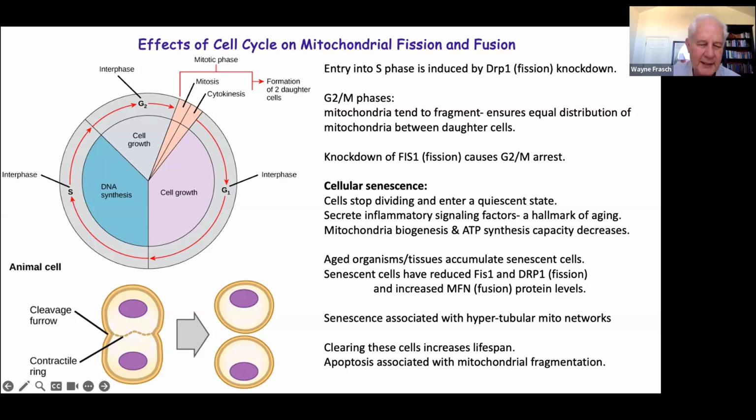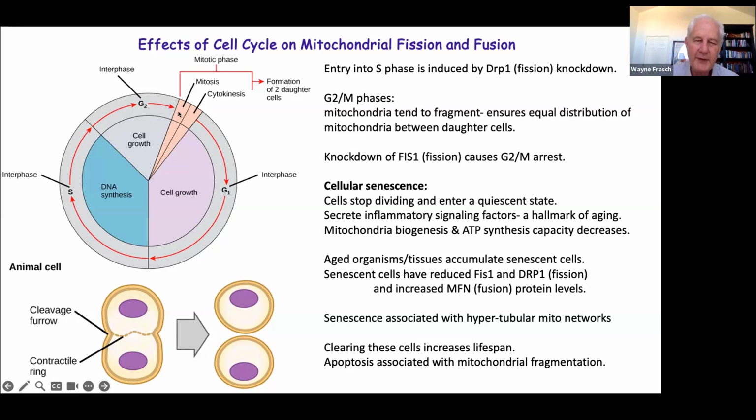And so a cell will ultimately end up dividing and forming two daughter cells. And in so doing, it goes through these various stages of mitosis. So let's start with the G2 stage, where the cell is actively growing.